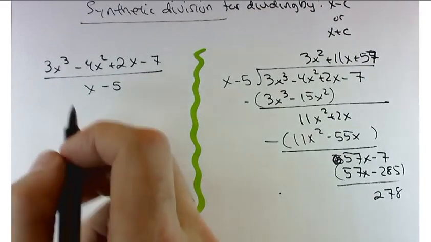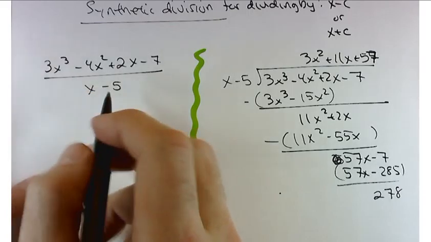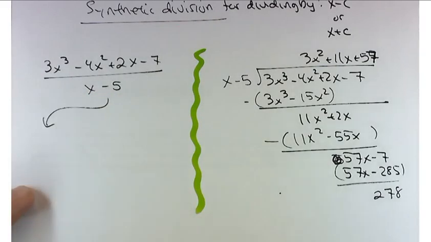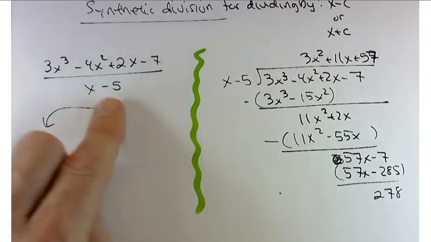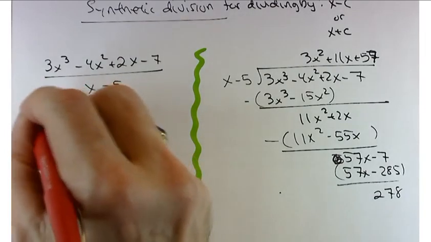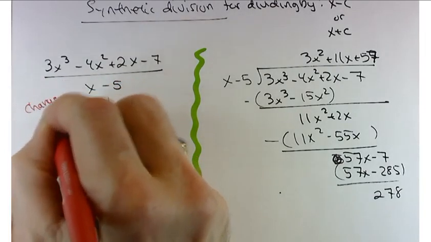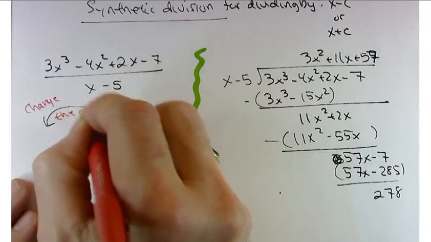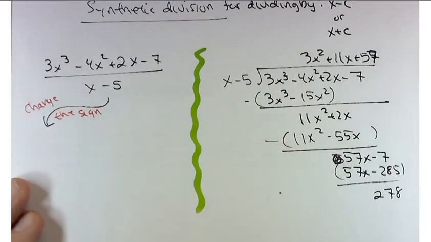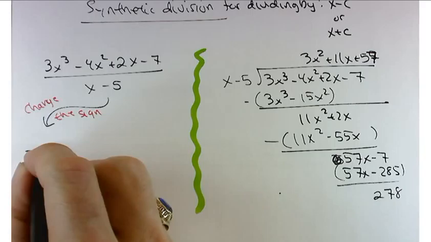Now with synthetic division, I'm going to first start by changing the sign of this number. So change the sign. I'm going to put a 5 out in front.